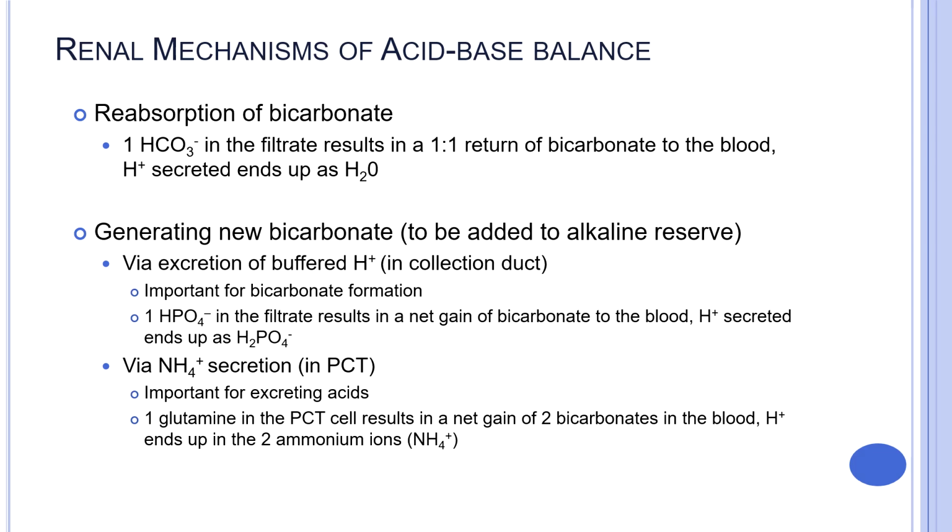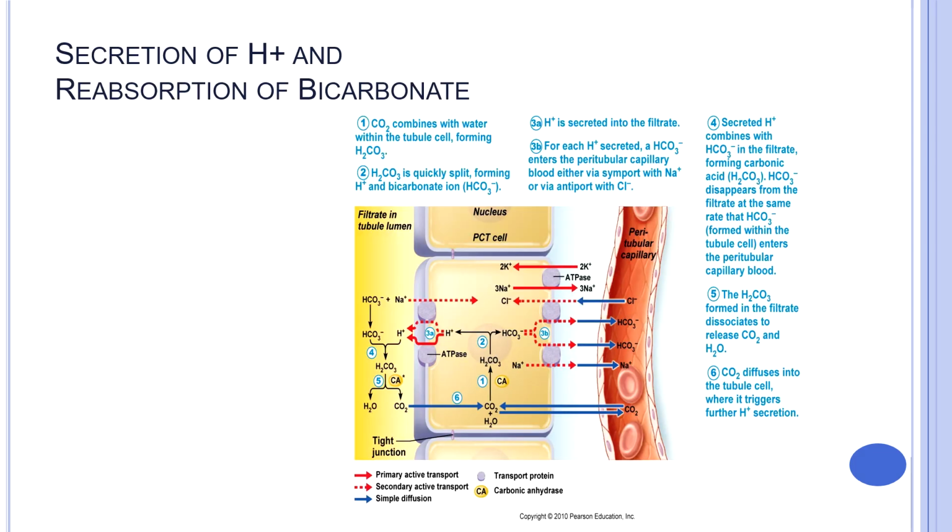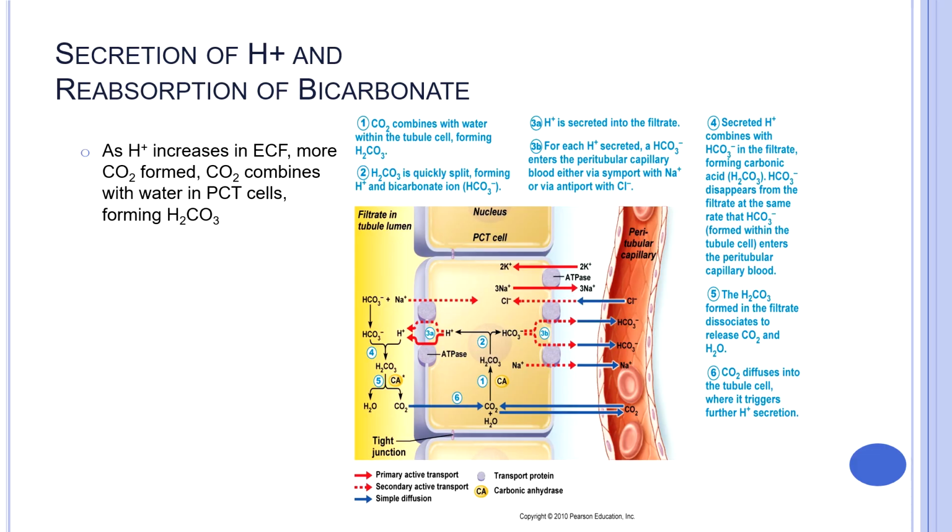One glutamine in the proximal convoluted tubule cell results in a net gain of 2 bicarbonates in the blood. Hydrogen ends up in the 2 ammonium ions. So we have secretion of hydrogen and reabsorption of bicarbonate. As hydrogen ions increase in the extracellular fluid, more carbon dioxide is formed.